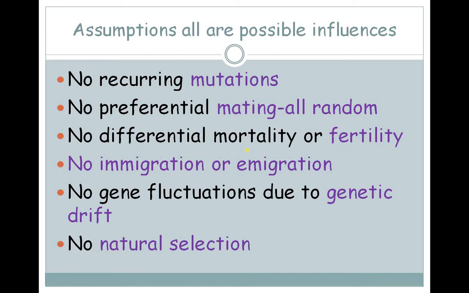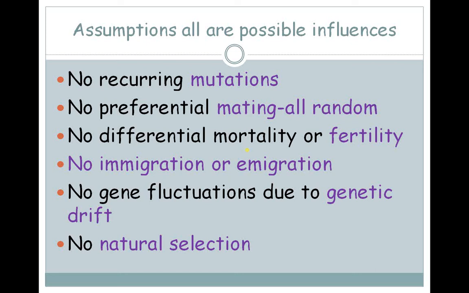And bottom line is there's no natural selection here. So the environment is constant or remains relatively constant and doesn't influence the lifespan or the reproductive success of any individuals in that population. So for the population to be in the Hardy-Weinberg equilibrium, none of these things can be affecting that population.